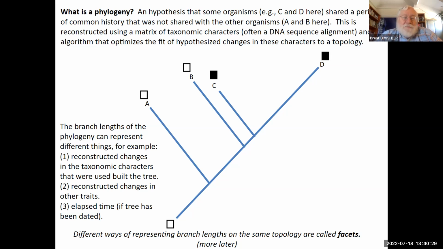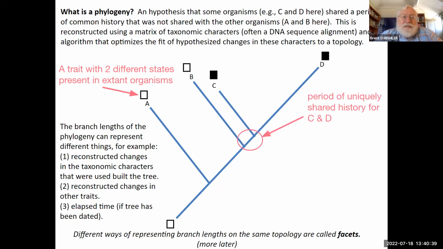So next slide. Illustrated here is a simple characteristic. This could be any functional trait or a molecular mutation, but it has two different states that are present in different organisms. This next bit here shows it. There's this little interval of time that was shared between C and D and not with the rest of them.